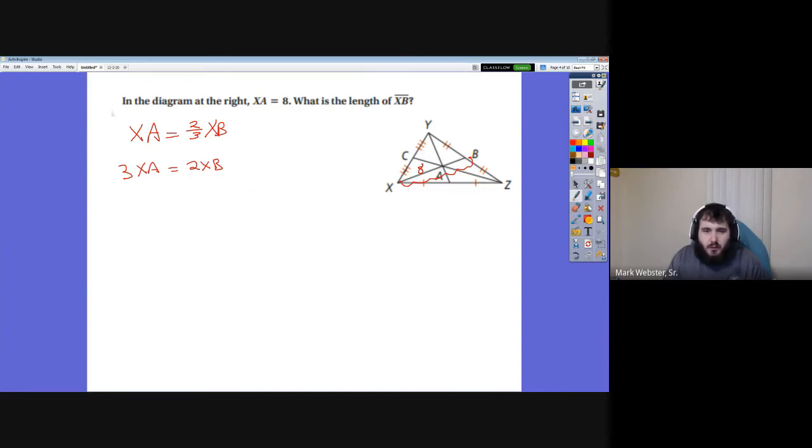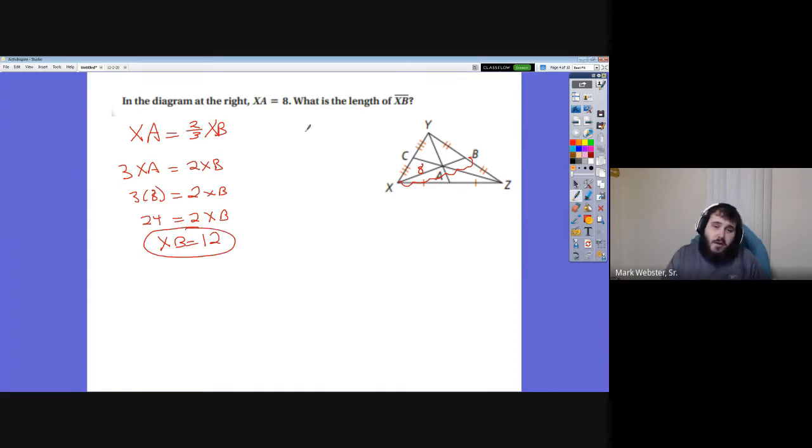So you could be like, okay, well, I know XA is 8. Well, this is 24. And then divide by 2. And you could do it that way.